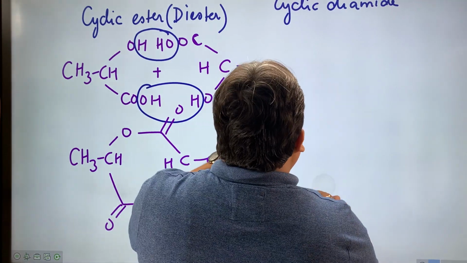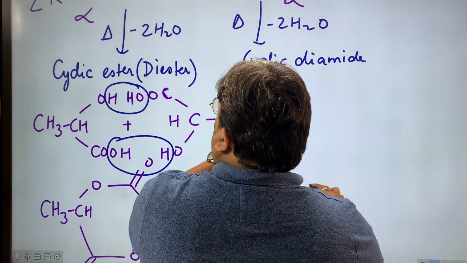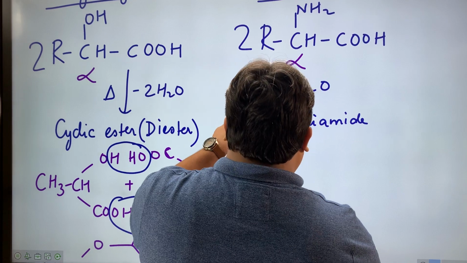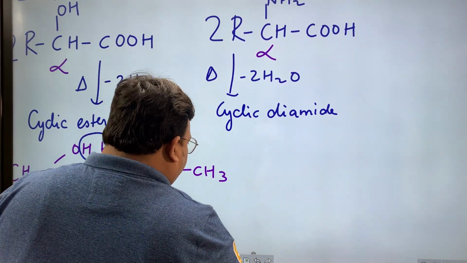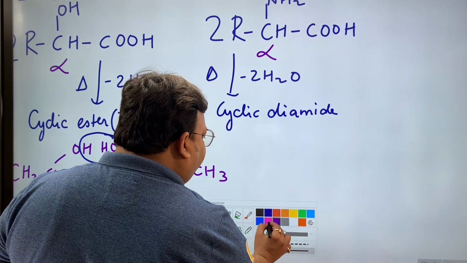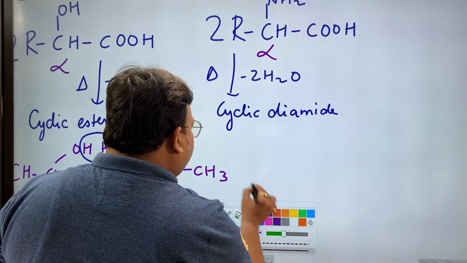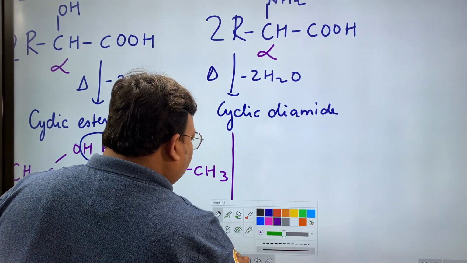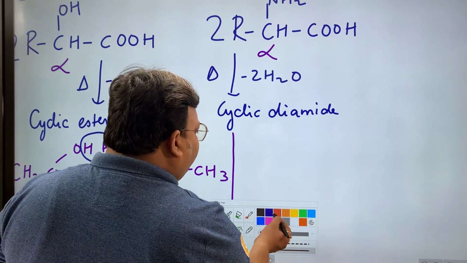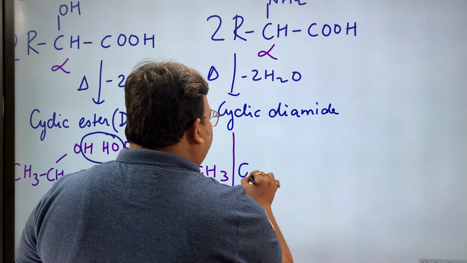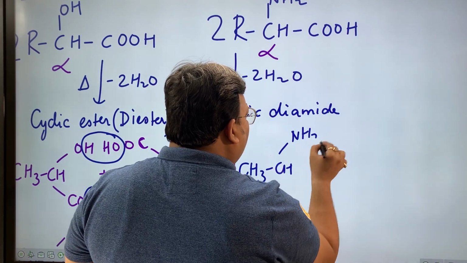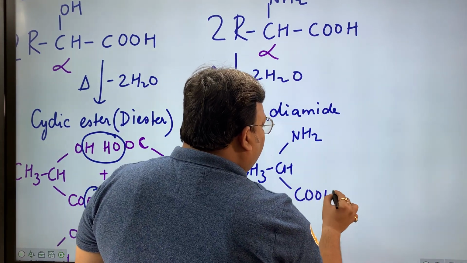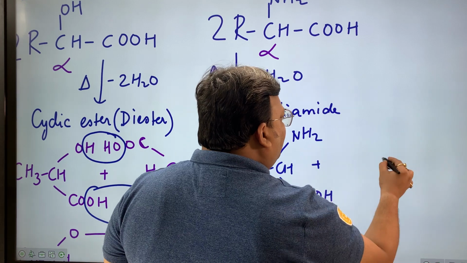Similarly, for an alpha amino acid, I'll choose a popular compound. This time I take CH3CHNH2COOH, and again I want to write the other mole in this particular way.